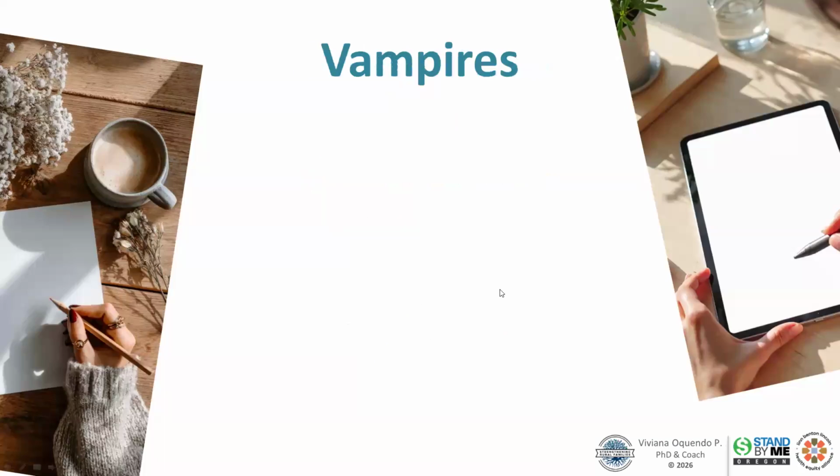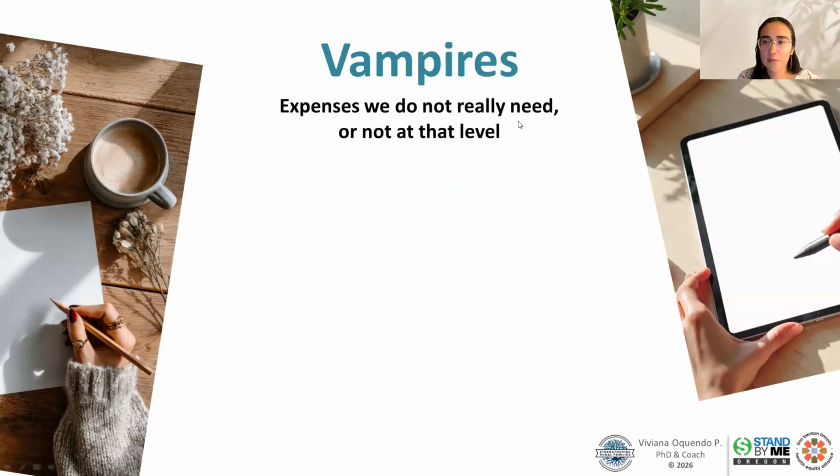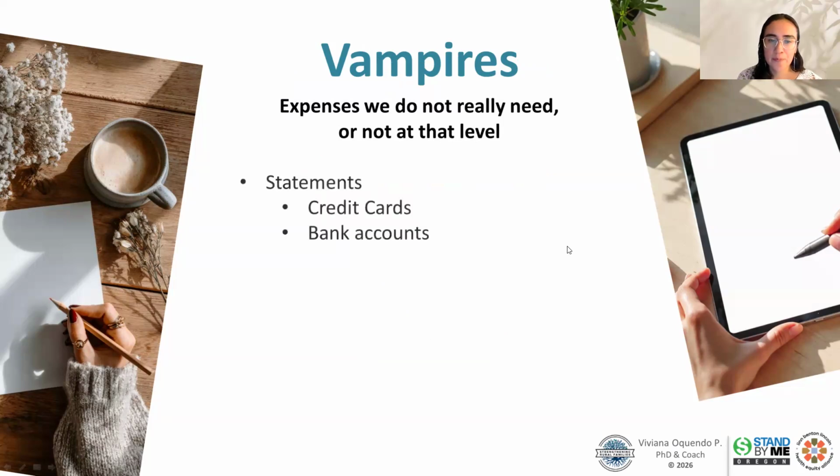Yes. Okay. And there are other things that we have to be mindful of, and are the vampires. So these are expenses that we don't really need, or not at that level, and that we can optimize and maybe use those resources either for our future or for other things.